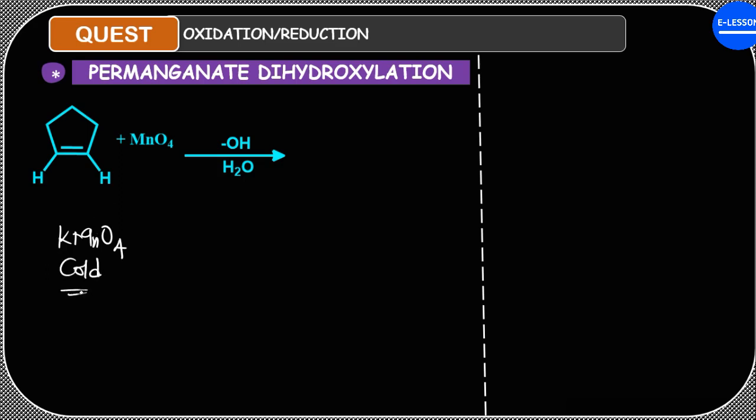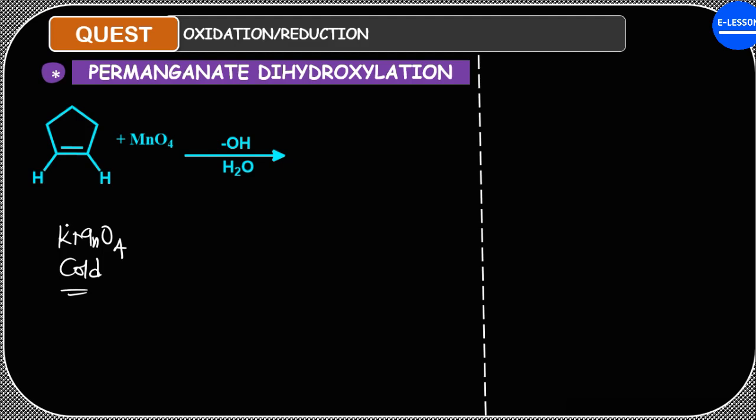So we say cold potassium permanganate, and it should not be that concentrated. I'm going to tell you the reason why it should be cold and not that concentrated later. Reason being that if it is hot, it's going to cleave this cyclic structure and form an open chain compound. Are you getting it now? So a cold, not too concentrated KMnO4 will cause dihydroxylation.